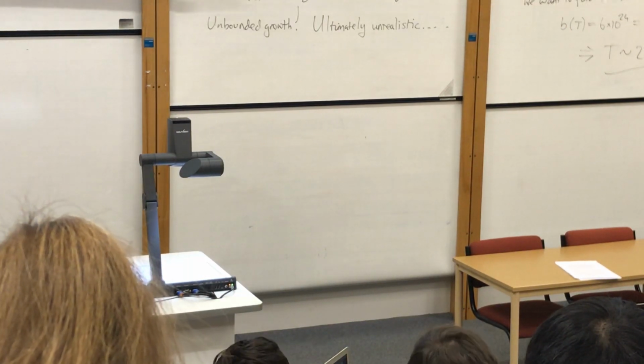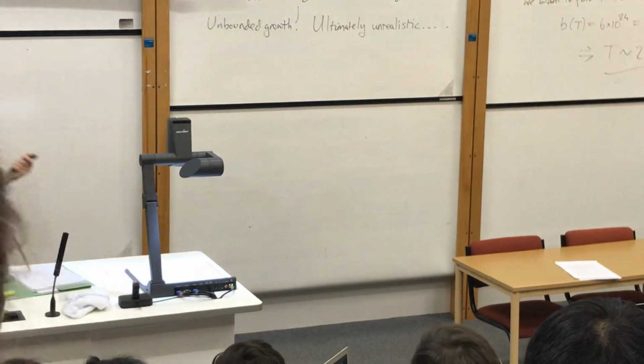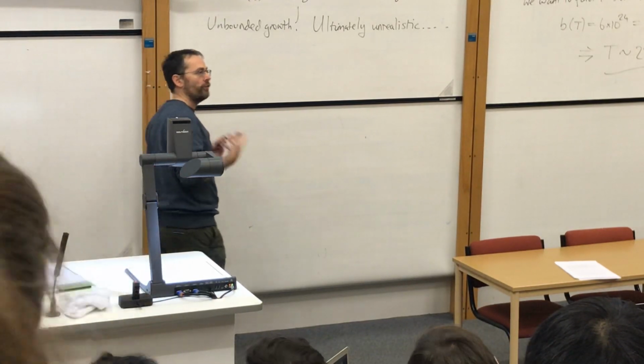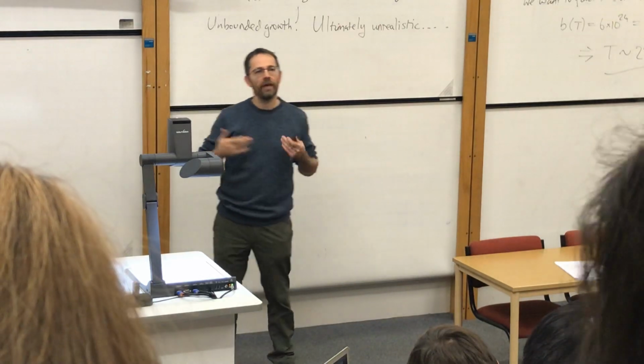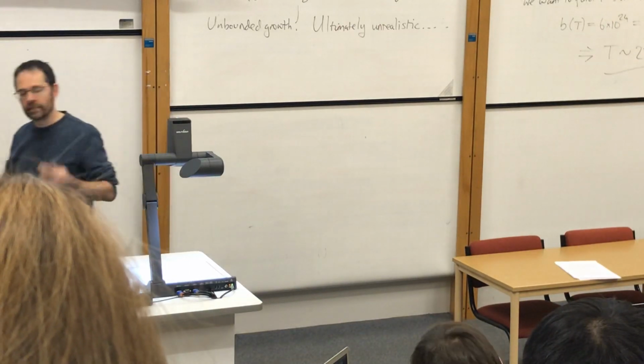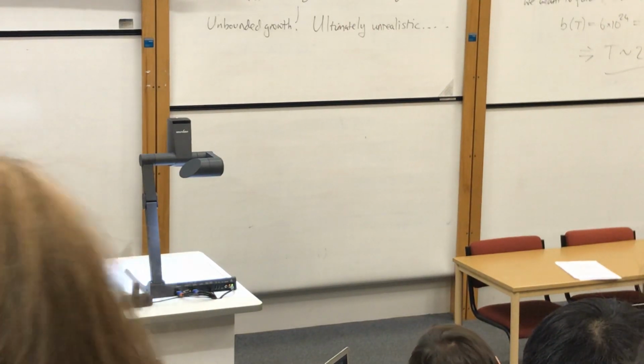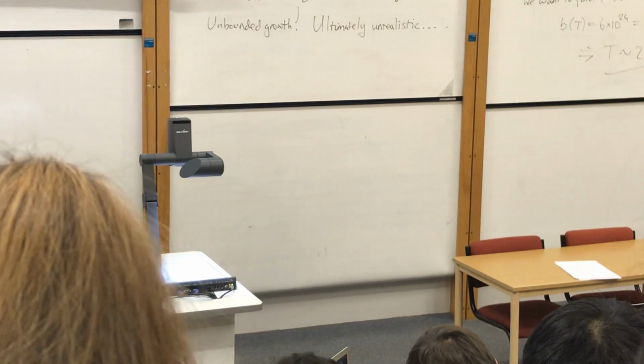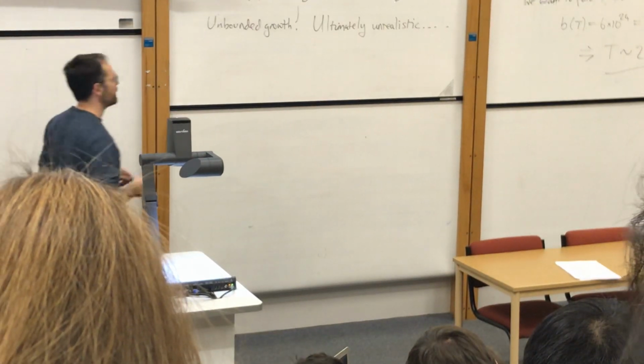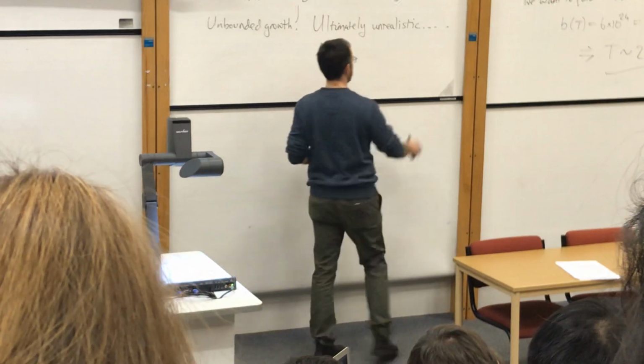In fact, it was first used as a way to describe human population growth, and for quite long periods, human growth has indeed been following an exponential curve. So, it's an ultimately unrealistic model, but that doesn't necessarily mean it should just be dismissed out of hand.